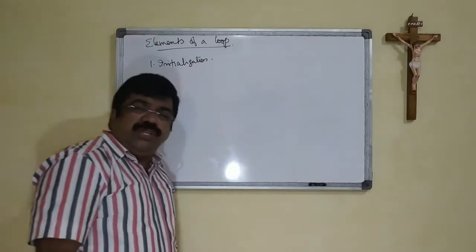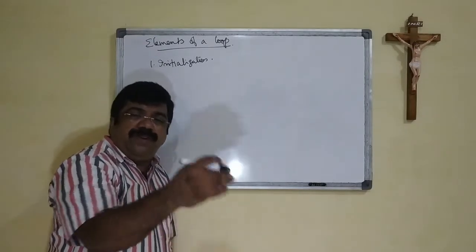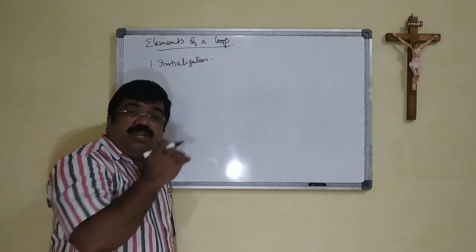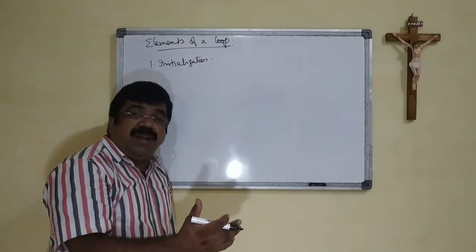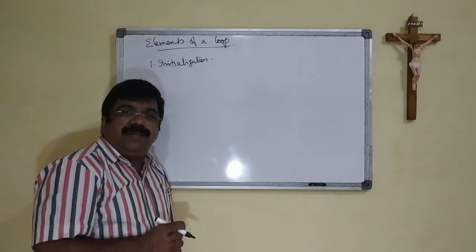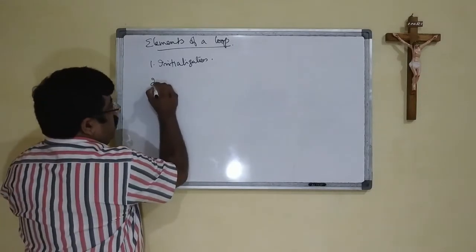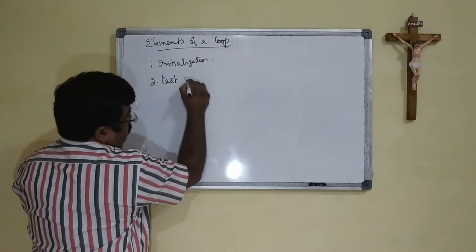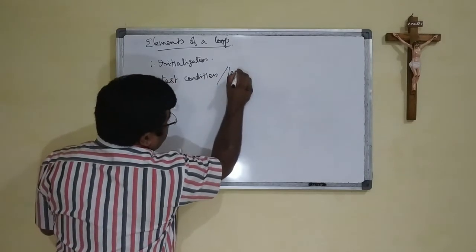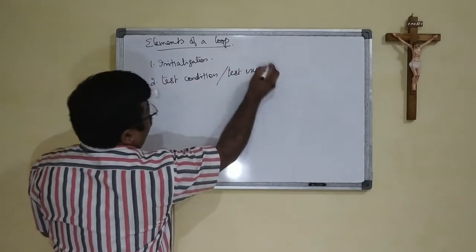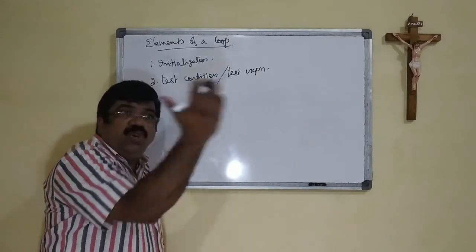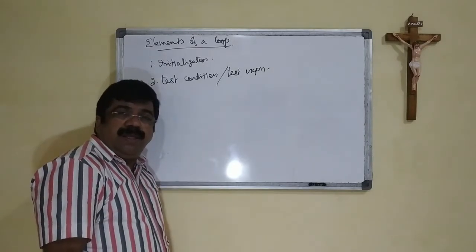What is that initialization? From the previous example, you are riding the cycle. The moment you are sitting on the cycle, that is your initialization, the initial point. Second one is test condition or test expression. What is this test expression? You are testing whether you reached the school.